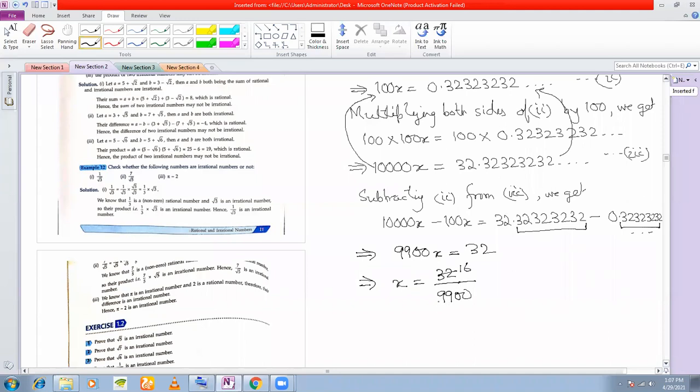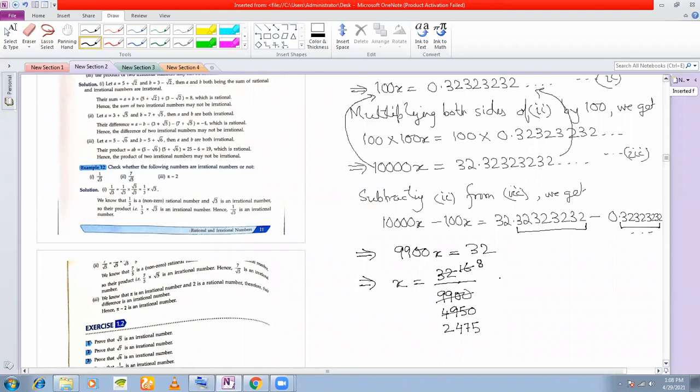So this becomes 16 by 4950, and you can further cancel: 8 by 2475.